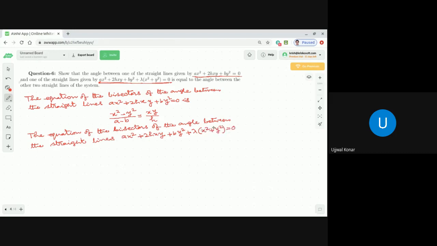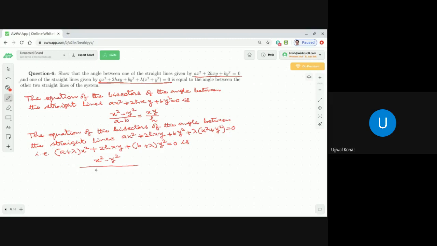Now let us rearrange this equation a little bit, because we need to put it into the form of x square together, then xy together, and y square together. So if we write this, it becomes a plus lambda into x square, correct, my dear students, plus 2 into h into xy plus b plus lambda into y square, that is equal to 0. The bisector is x square minus y square divided by the difference of the coefficient of x square minus coefficient of y square.